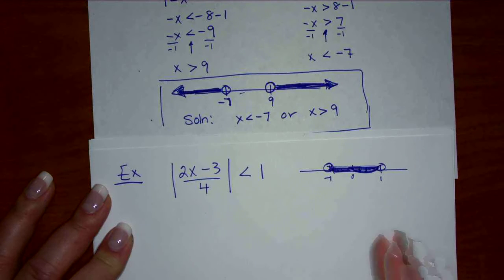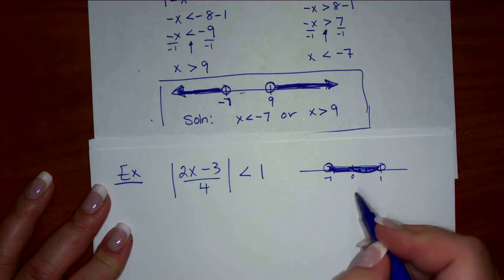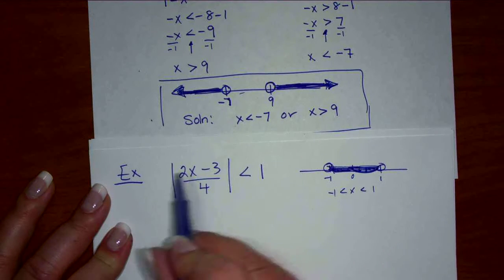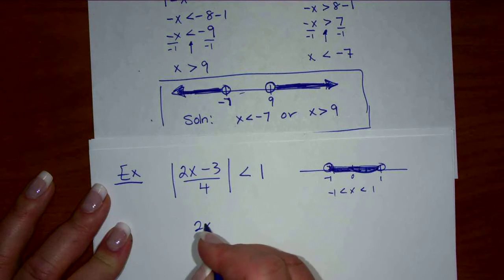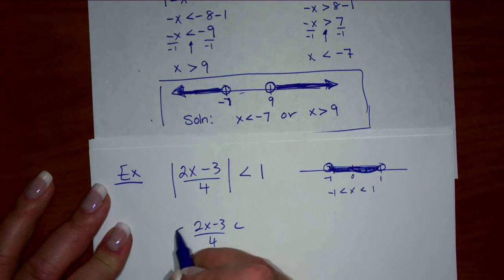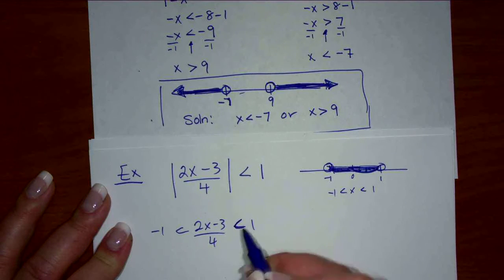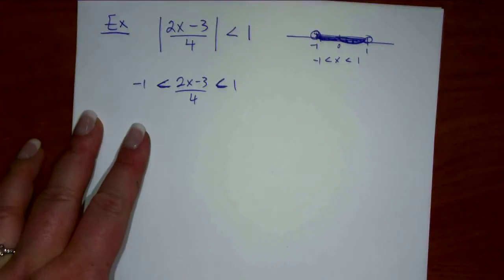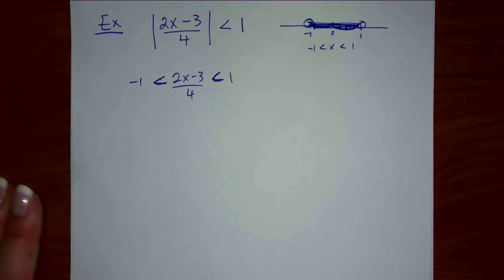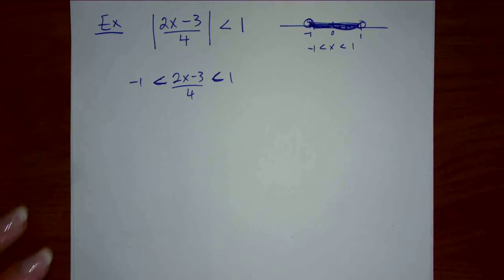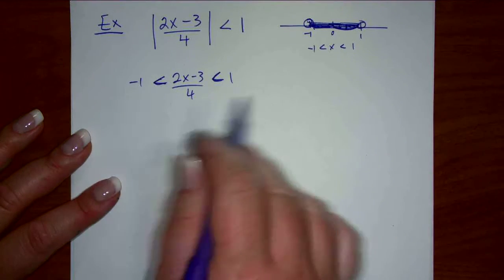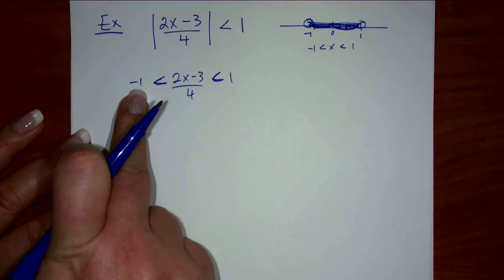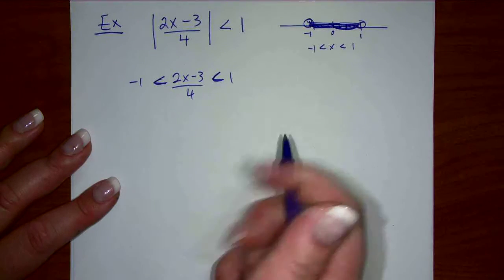So how do we write this? Remember, this is that x is in between 1 and minus 1. So we would write this: 2x minus 3 over 4 is between 1 and minus 1. Now, you don't solve it when it's got two inequalities. We split it up. We put that middle part with the negative 1, and we put that middle part with the positive 1.